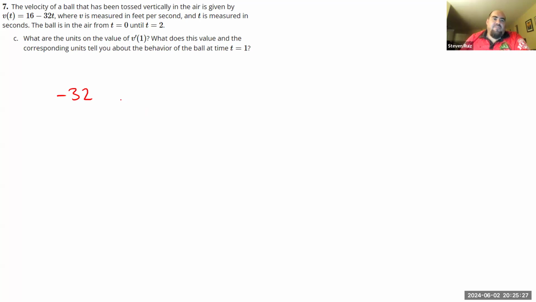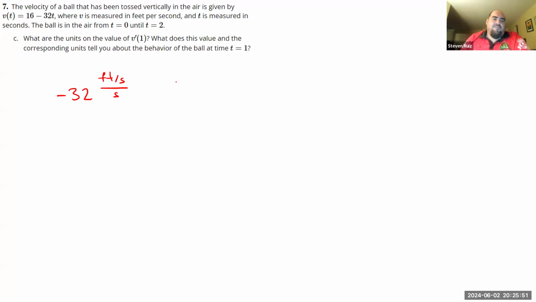Remember, a derivative is the instantaneous rate of change. So when we're talking about a rate, we have to be talking about two quantities that covary, two quantities that change together. What are the units of those quantities? Well, the velocity is measured in feet per second, and time is measured in seconds.